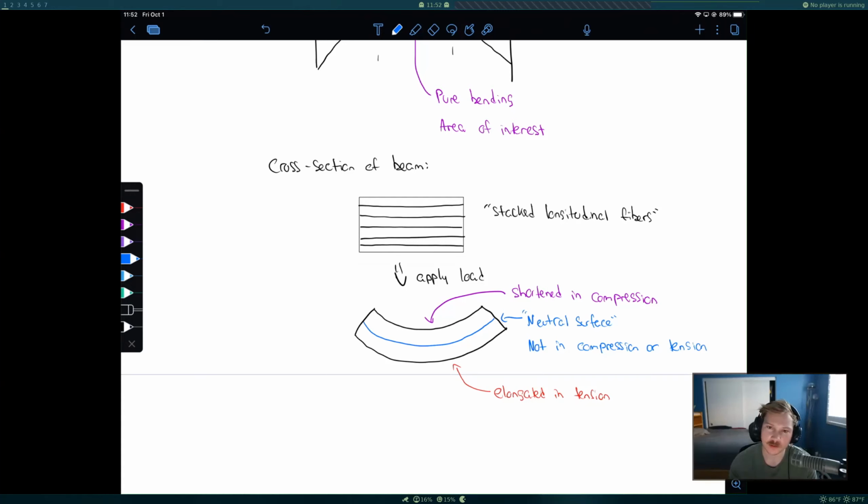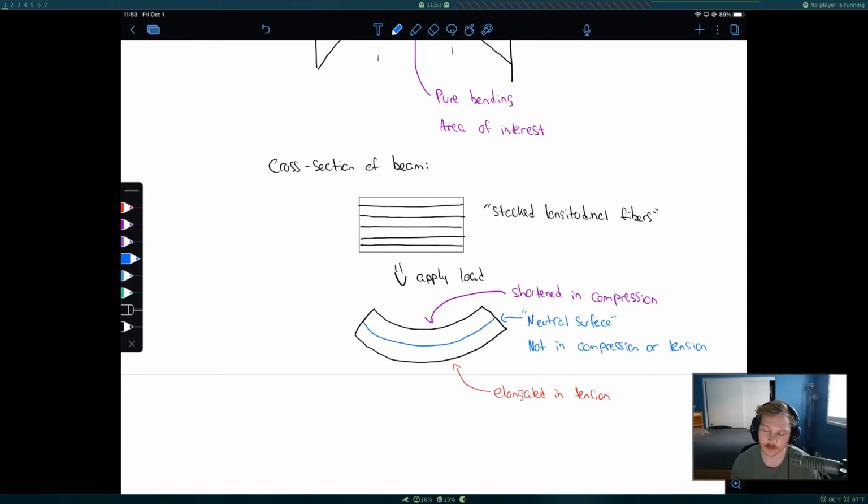But the neutral surface can be kind of hard to find sometimes. For us, our geometry is pretty simple. It's a symmetric I-beam. After a lot of math, which we're going to skip right now because it'd be a page or two, so I'll leave that to your solid mechanics class, you come to the result that the neutral surface passes through the location of the centroid of your object.